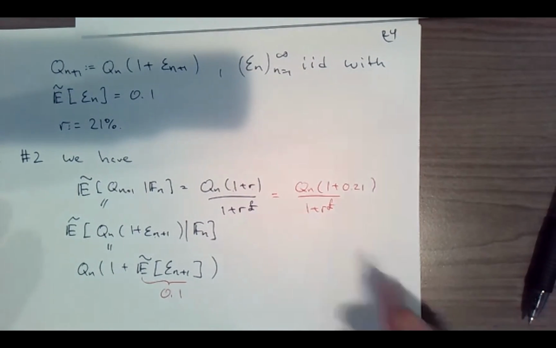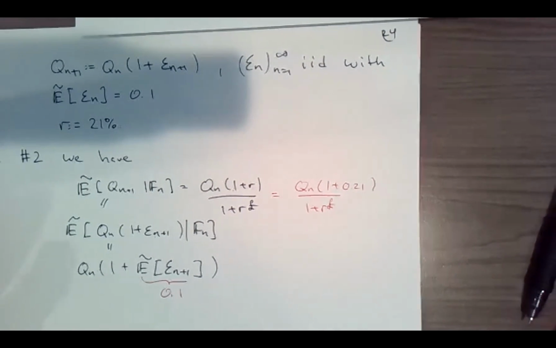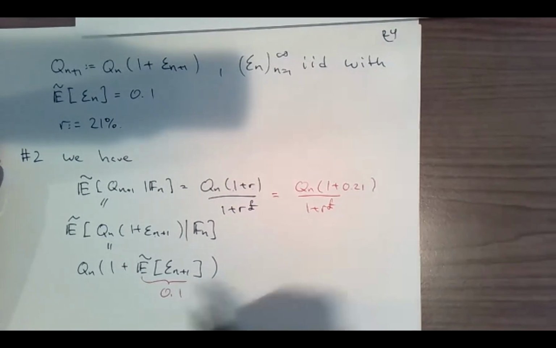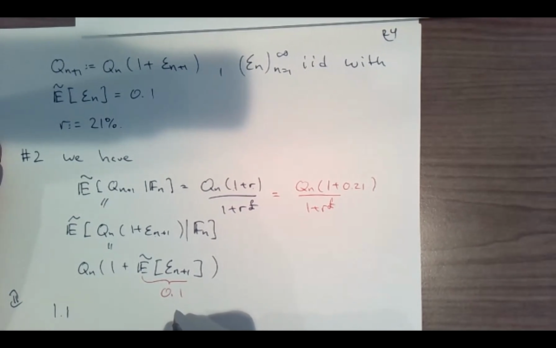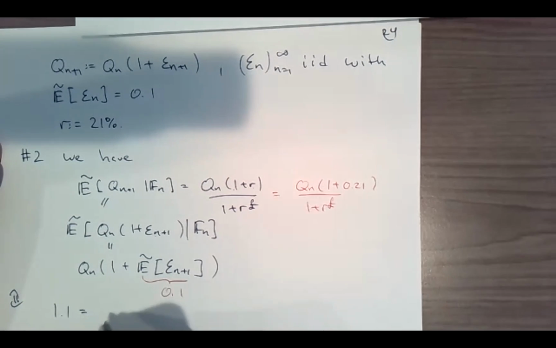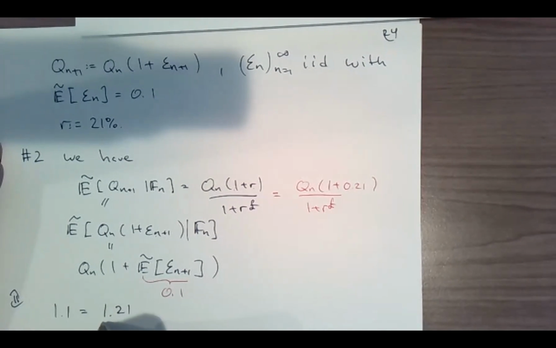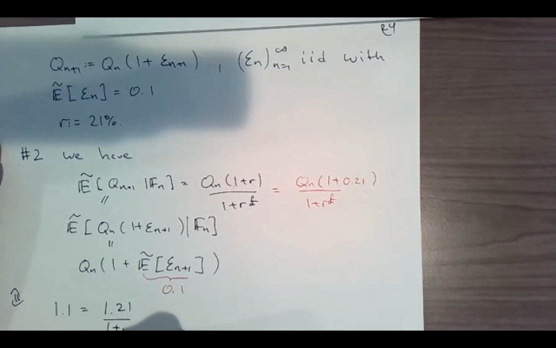So we are close to being able to solve for the foreign interest rate. Everything we have here, the qn's will cancel. We will get that 1.1 needs to be 1.21 divided by 1 plus r pound.